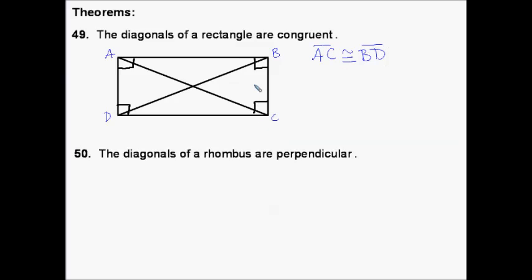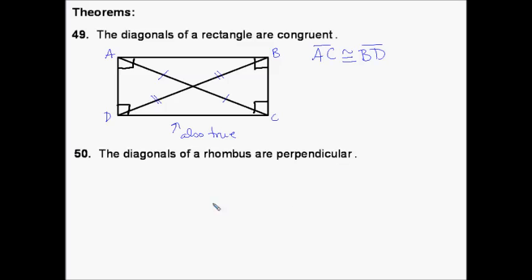Now, because it's still a parallelogram, this is the same length as that, and this is the same length as that, and this is the same length as that. That's still true. But in a regular parallelogram, these two lines are not necessarily the same length as each other.